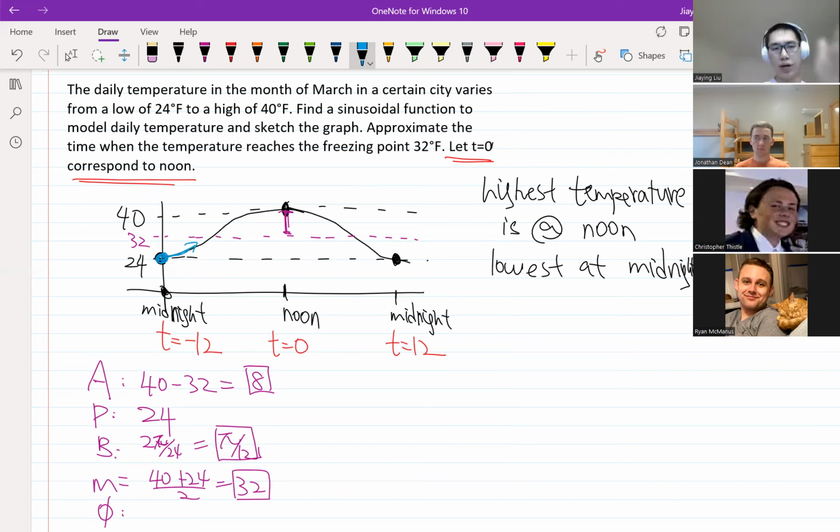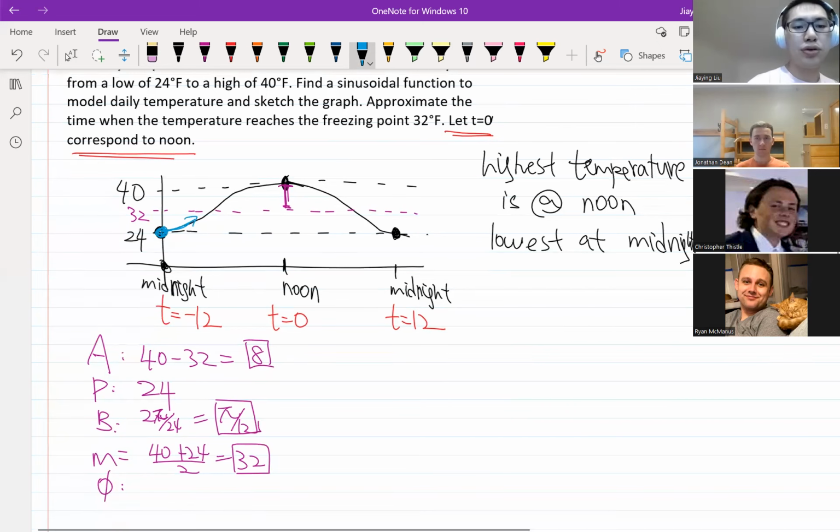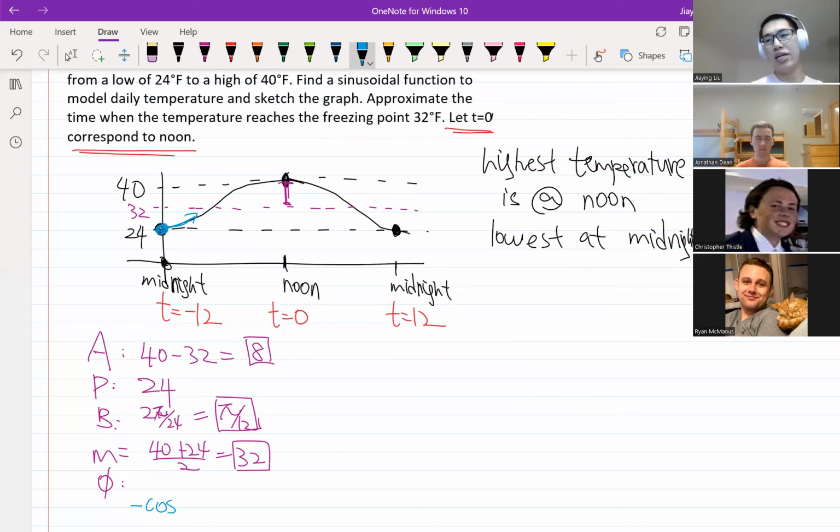If I look at it as the lowest point to begin with, that's the negative cosine. So if I choose to use negative cosine, there wouldn't be any shift because I'm starting right on the y-axis. No shift if choosing negative cosine.